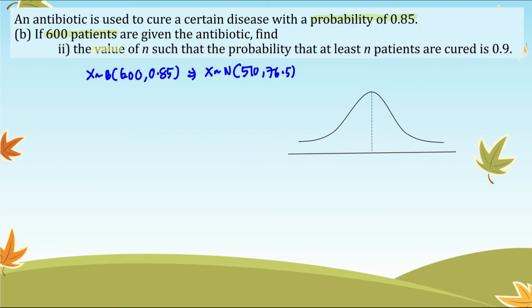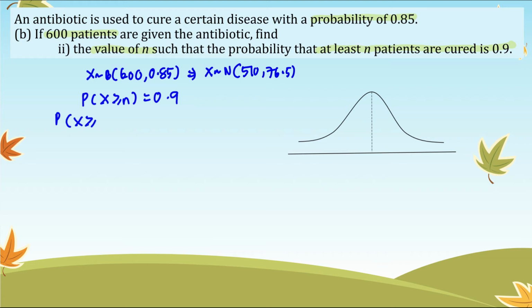For B2, we want to find the value of n such that the probability that at least n patients are cured is 0.9. So P(X ≥ n) equals 0.9. Don't forget to use continuity correction.